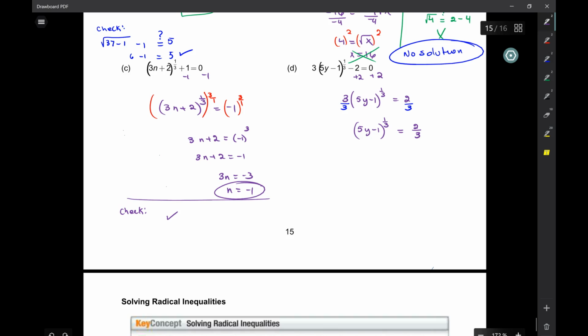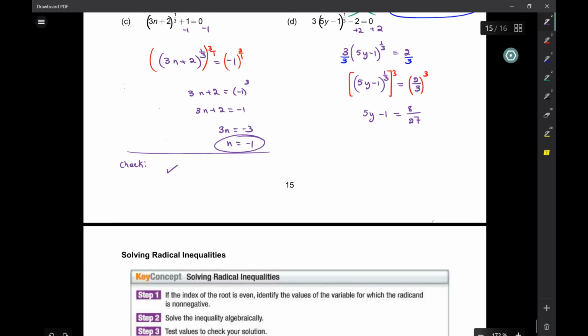Now what do I do? Right, cube both sides. Okay, here I have 5y - 1 is equal to, who does that cube belong to? Both of them. So 2 cubed is 8, 3 cubed is 27.